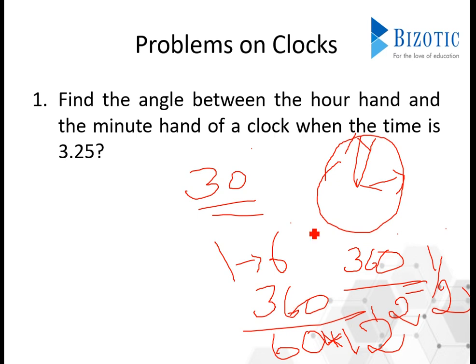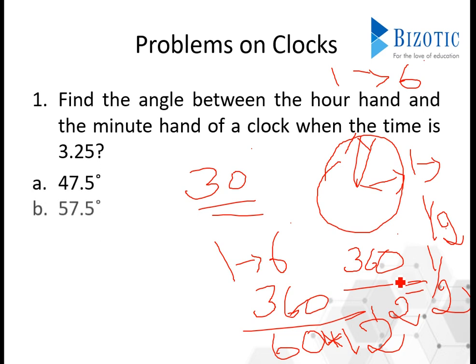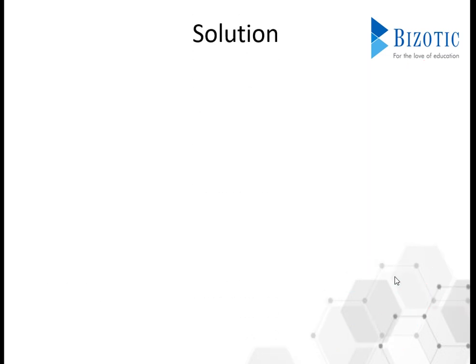That means for every 1 minute, the minute hand will cover 6 degrees, and for every one space, the hour hand will cover 1 by 2, or 0.5 degree. So this is the basic thing that you need to know. Now for this question, you have different options. With this, let's begin the solution part.